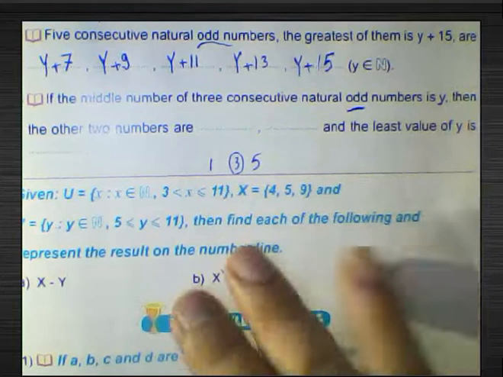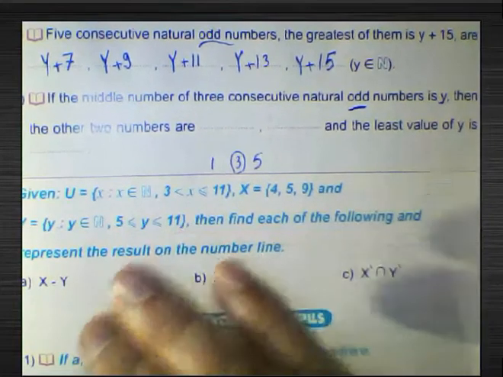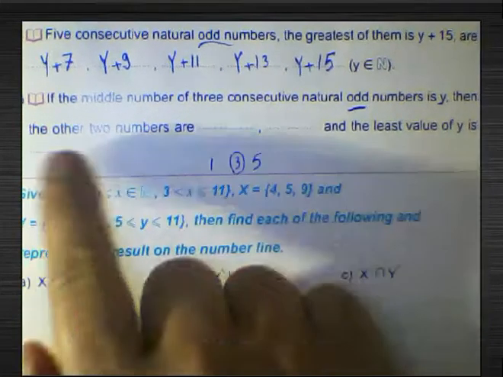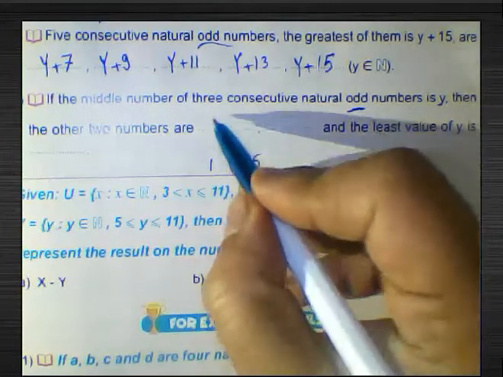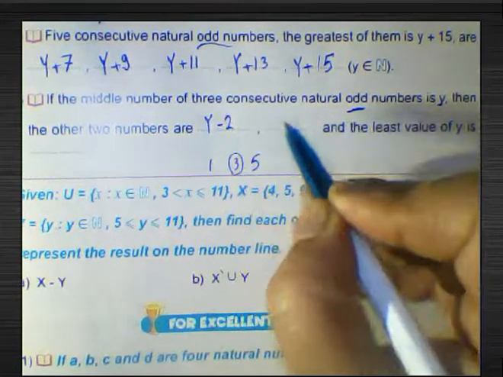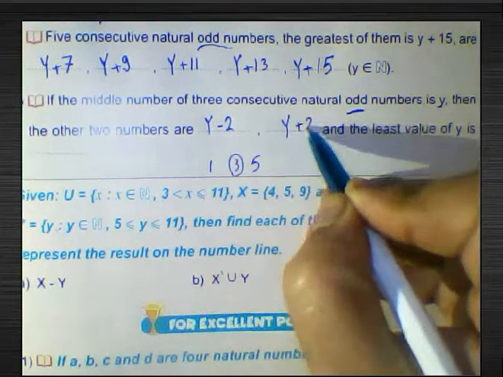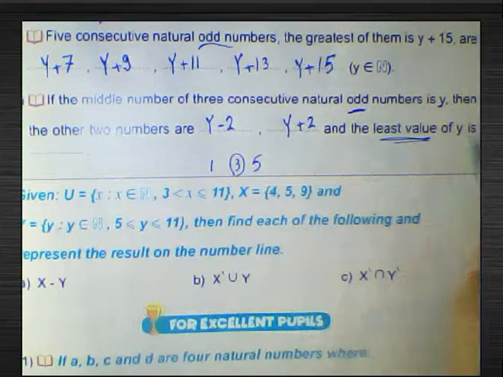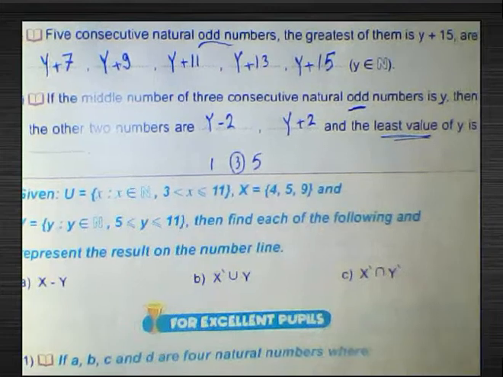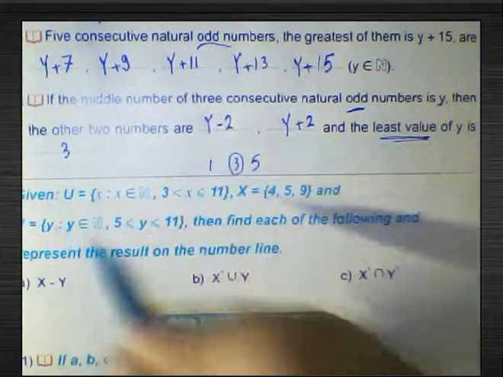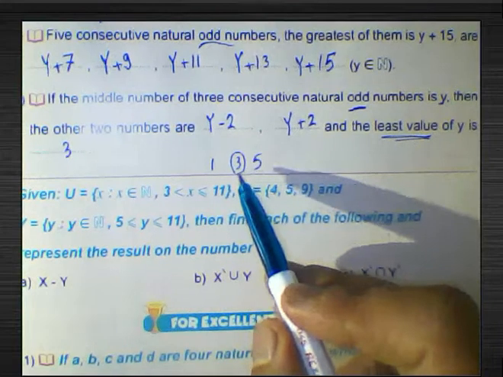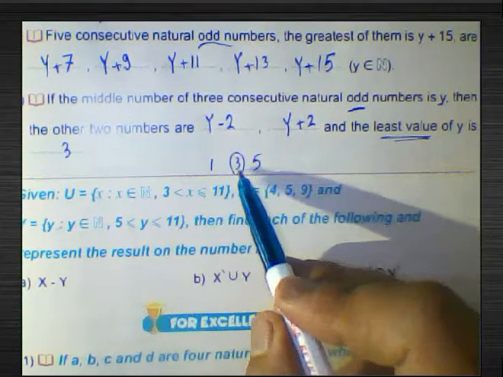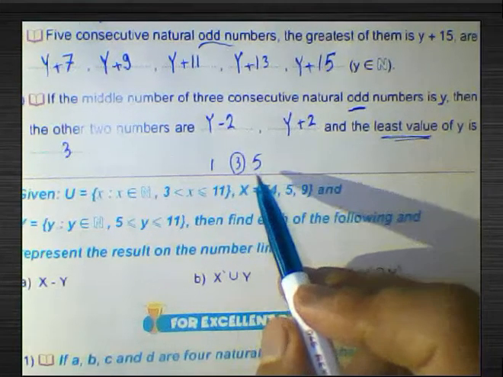The other two numbers are y minus 2 and y plus 2. With y equal to 3, 3 minus 2 equals 1 and 3 plus 2 equals 5.